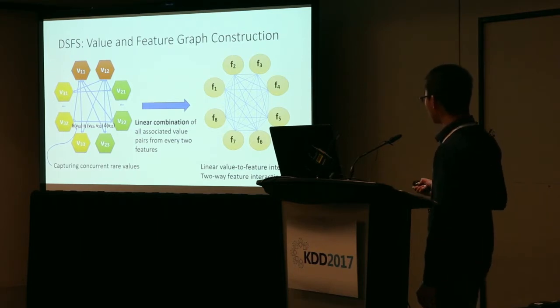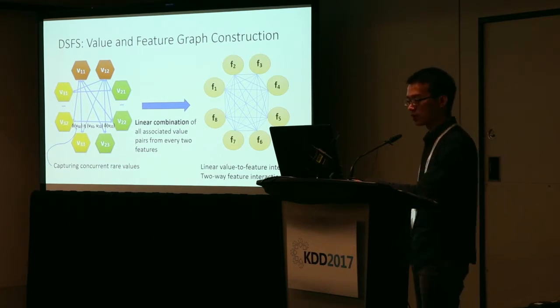Since we build a simple feature graph, this captures only two-way feature interactions, but we can extend it to a tensor or even higher-order feature interactions.